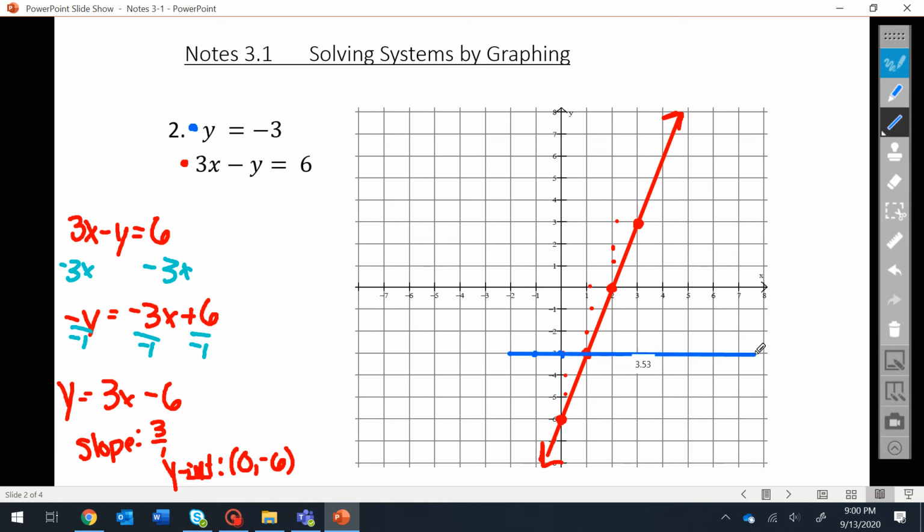And you can probably tell where these two are about to intersect. These two are crossing right here at the point 1, negative 3. So 1, negative 3 would be our solution to this entire system, where these two lines cross.